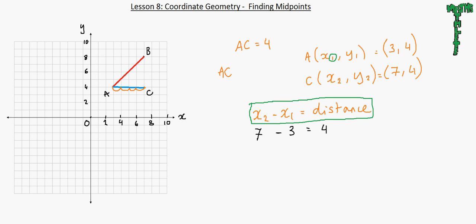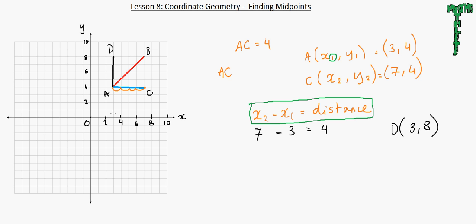If we wanted to talk about this point here, point D, we know that point D has coordinates 3, 8.